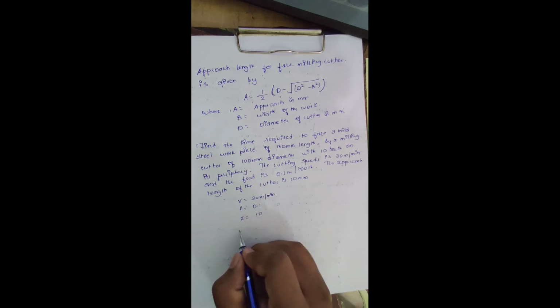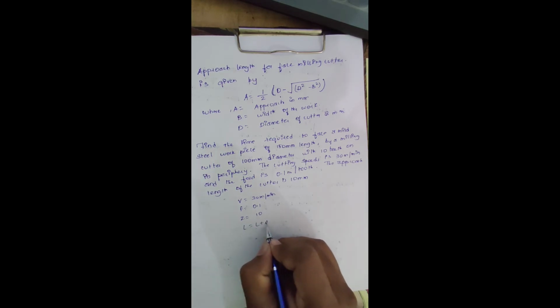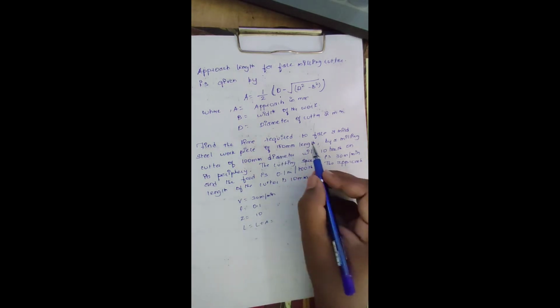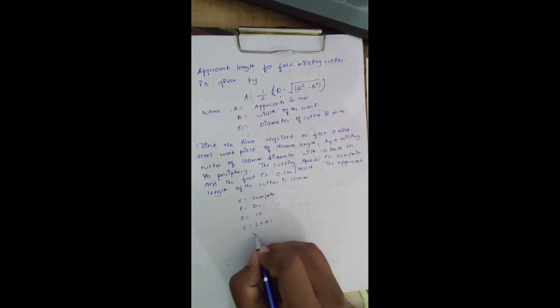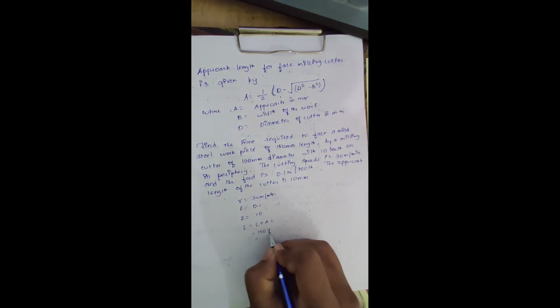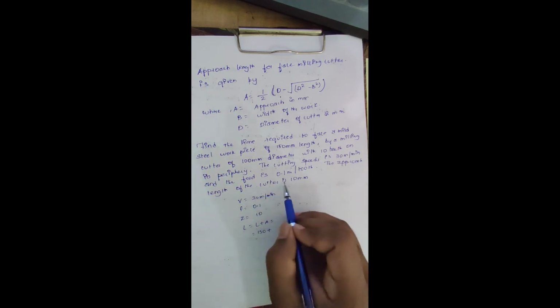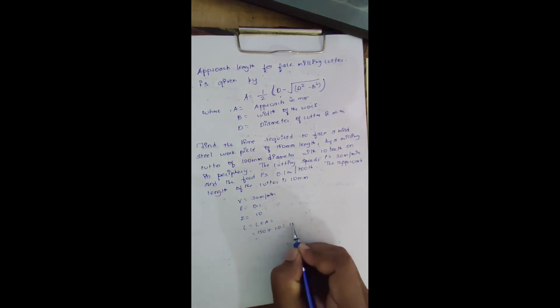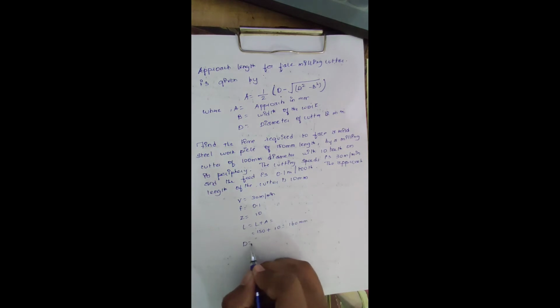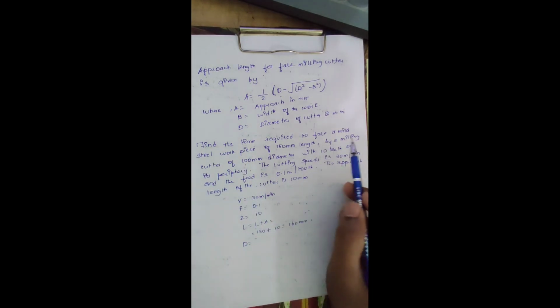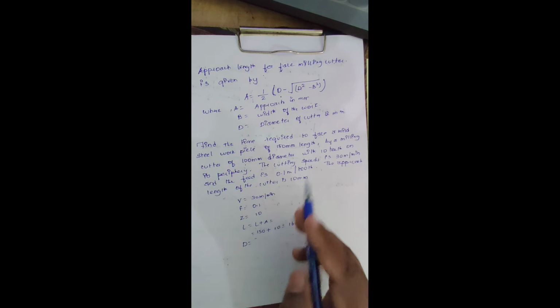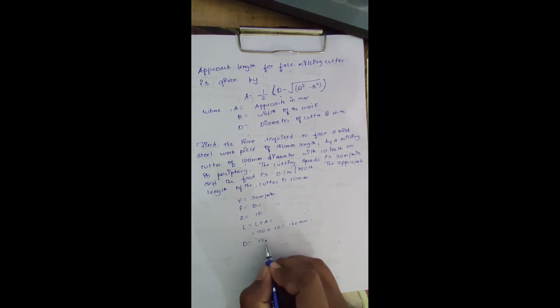And what is the length? L is calculated as L plus A, so the workpiece length is 150 plus the approach of 10 mm, that is 160 mm. Next is diameter, the milling cutter of 100 mm diameter.